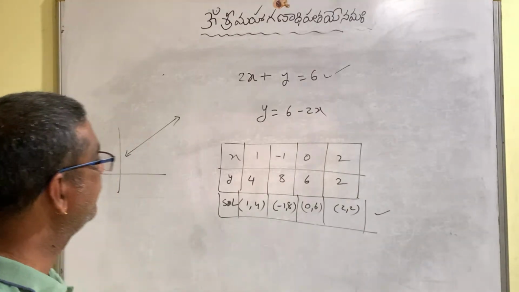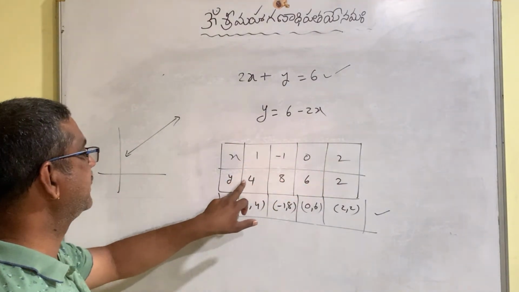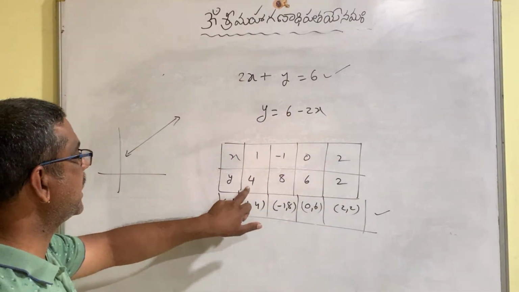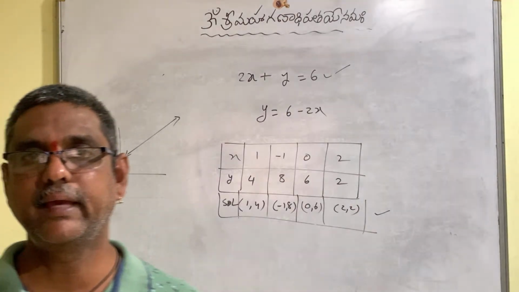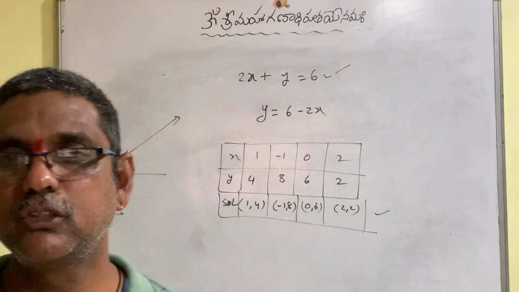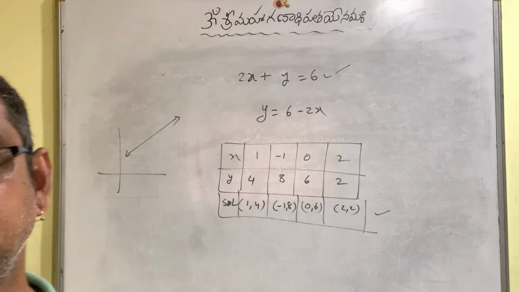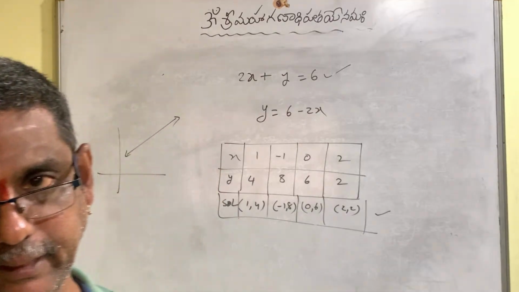Then only you can give different values for x, then you will get different values for y, then (x, y) is a solution. Keep this in mind. So this is what we have learnt in class 9.